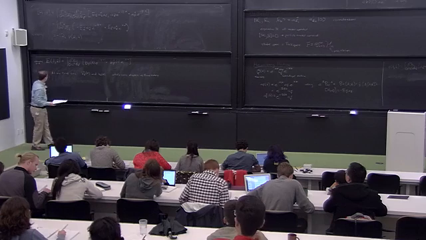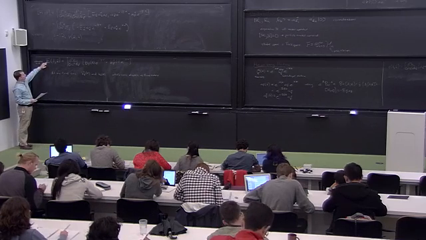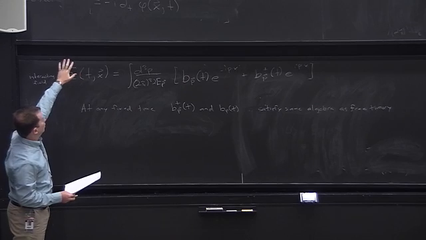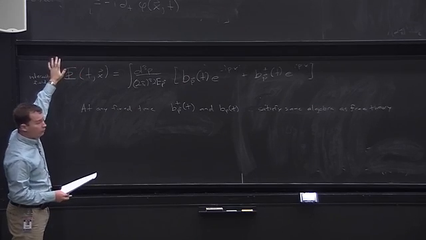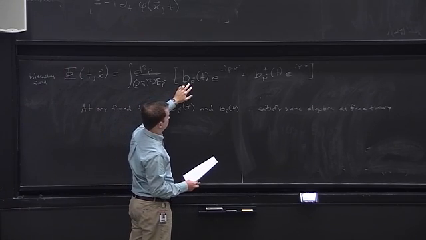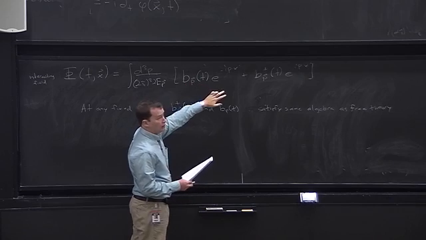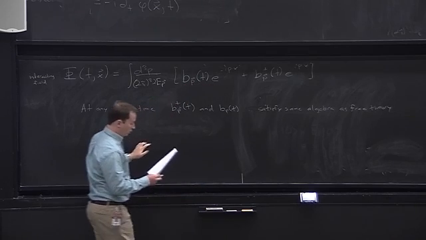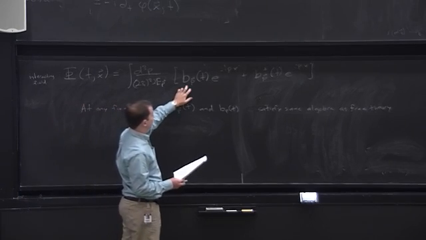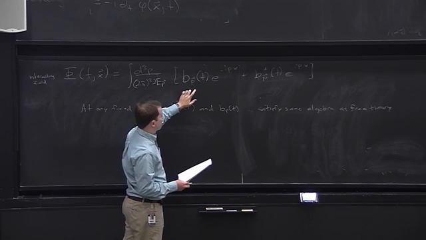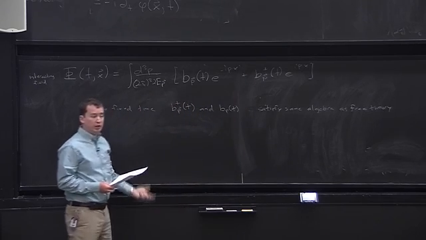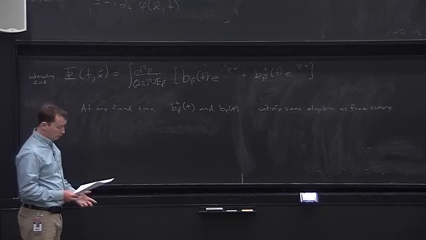What will change in the interacting theory is the time evolution. The Hamiltonian will determine the time evolution, and so the creation operators that create a momentum state p will mix as time evolves.